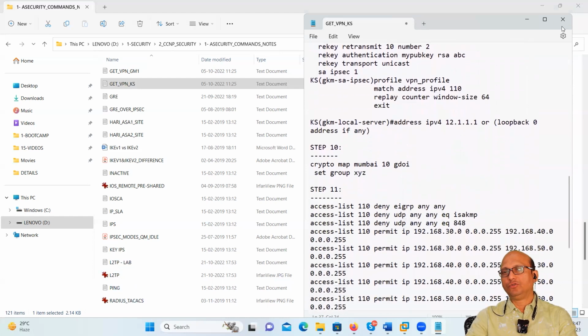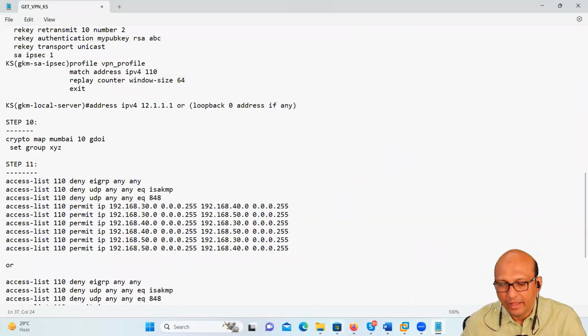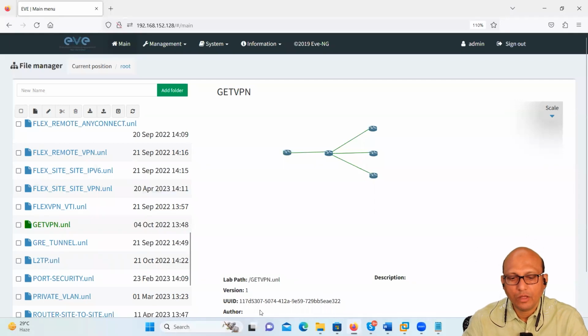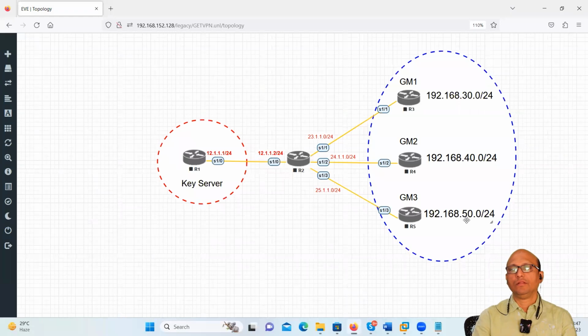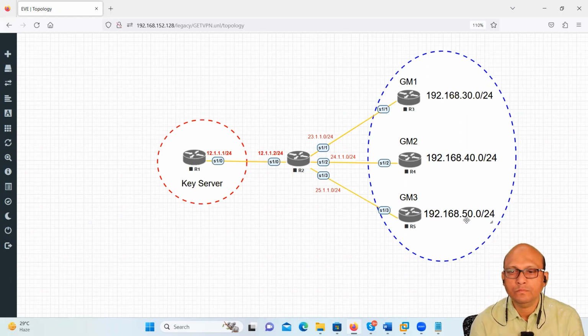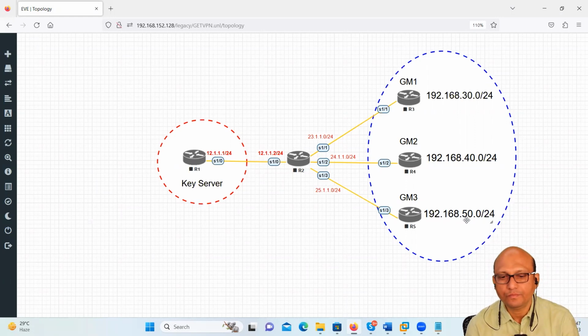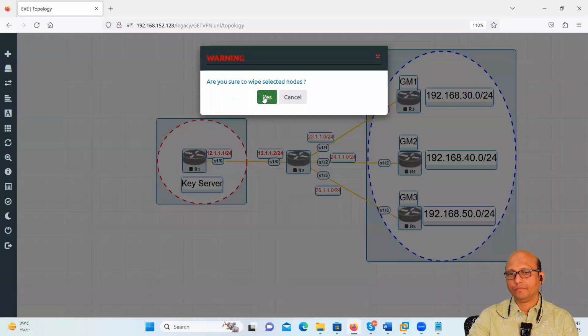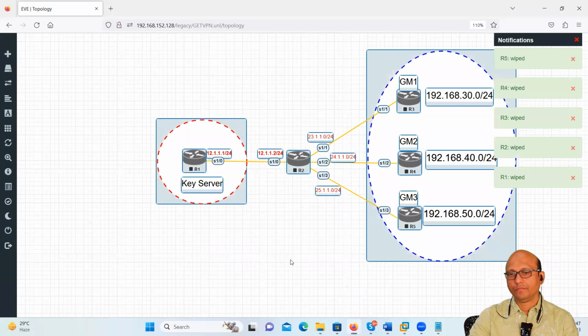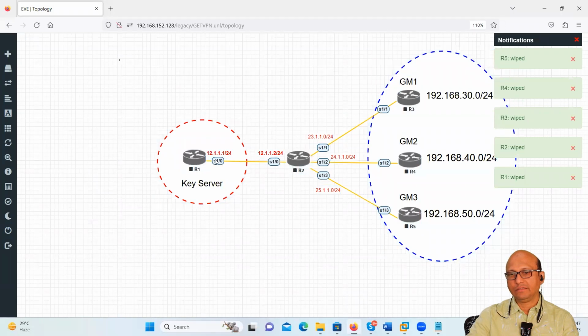So let's do this practically and see. So this is my GETVPN setup. This is like, you can see, it is similar to DMVPN. Wipe and start.